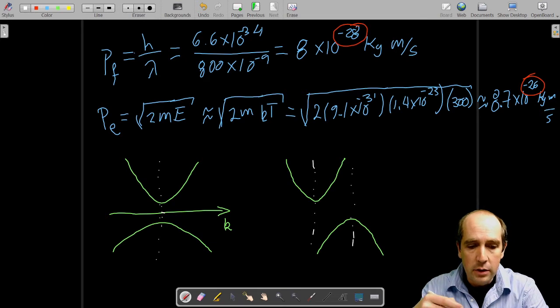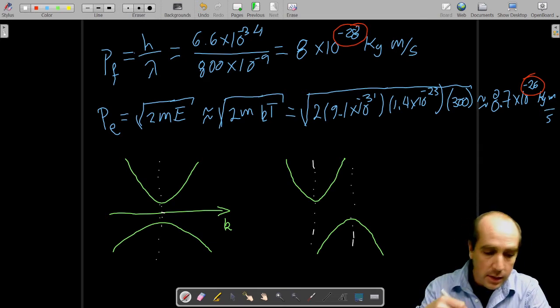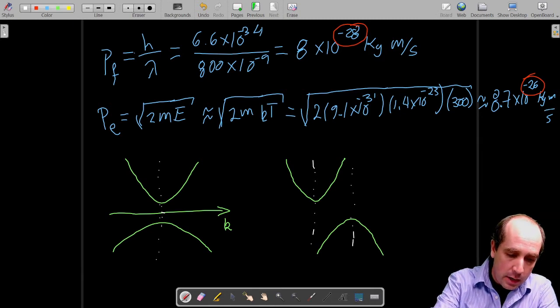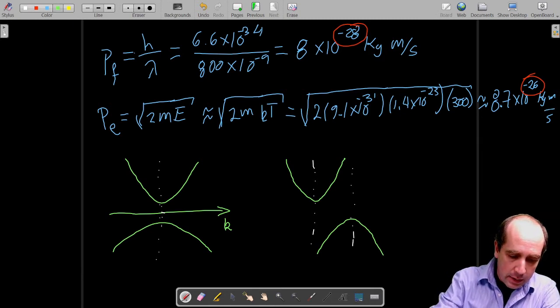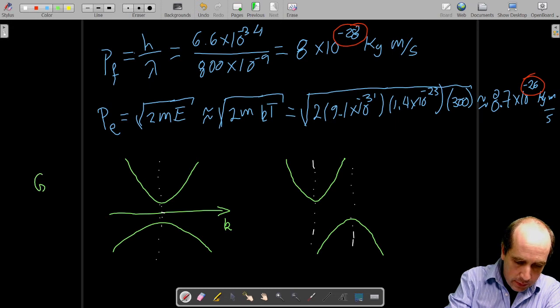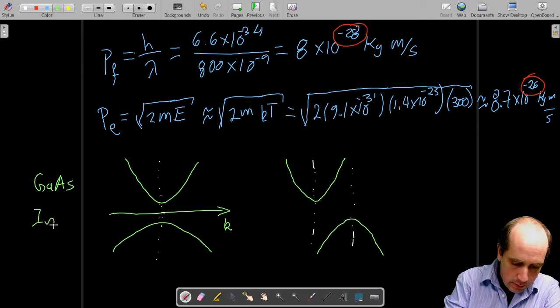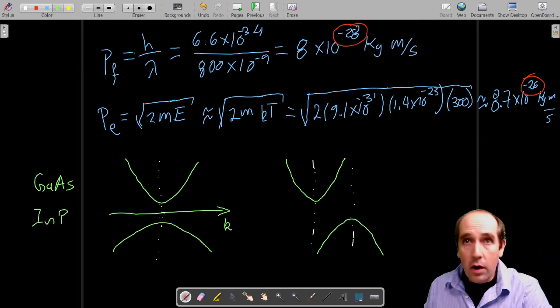Examples of materials like the one we're seeing on the left-hand side of the screen are, for example, gallium arsenide, or indium phosphide, or several other materials.